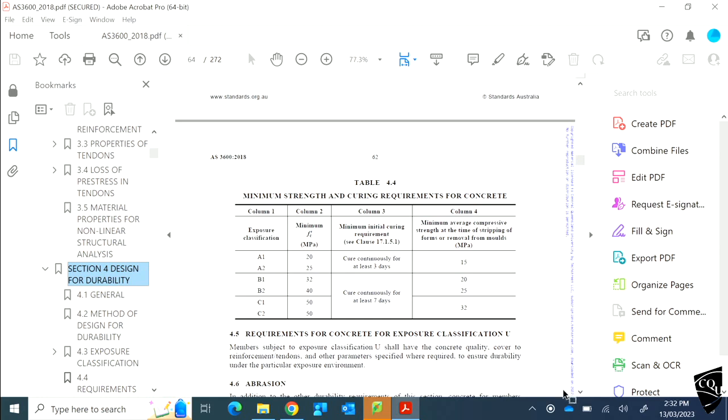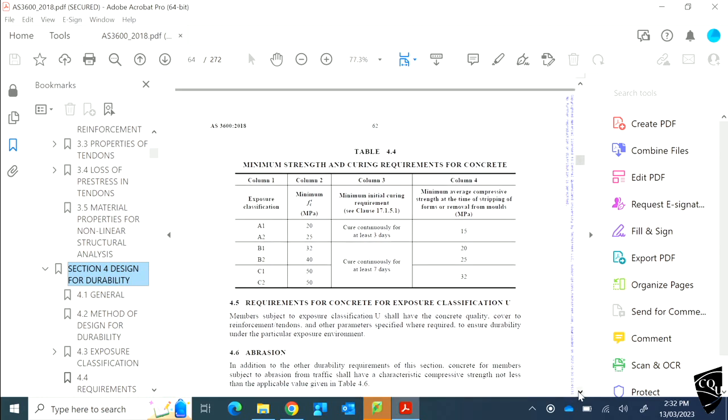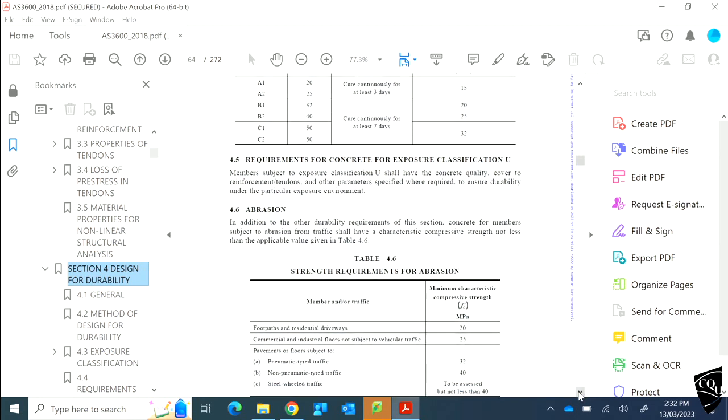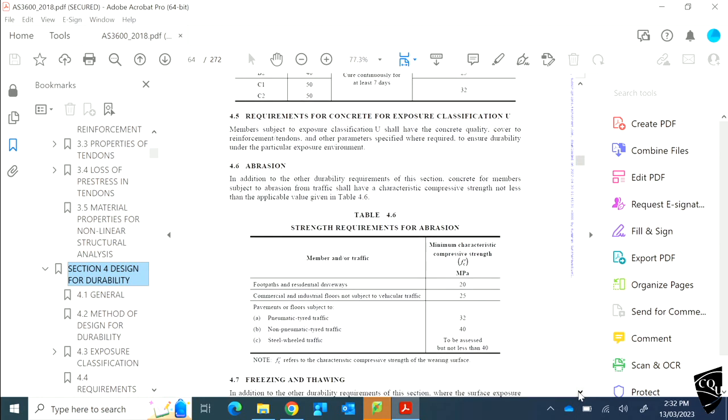Also, it depends on the usage. If it is subjected to some traffic loadings, traffic means the moving load. It doesn't always mean vehicles. It could be a footpath, or driveways, or similarly in shopping centers, the normal area.